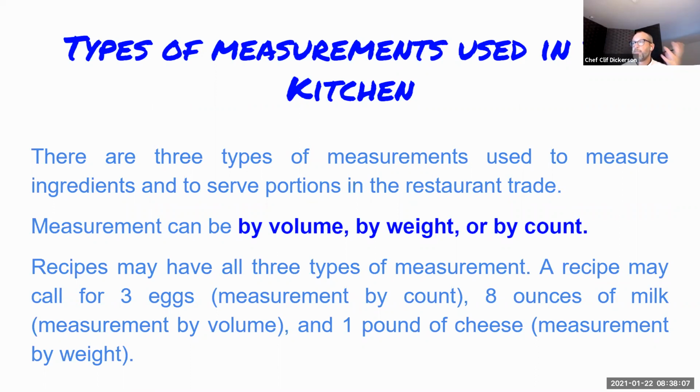You've got volume, you've got weight, and you've got count. Count is like eggs. 8 ounces of milk is a volume, but if I do flour, 8 ounces is by weight. So volume is more of a liquid kind of deal, and then weight.